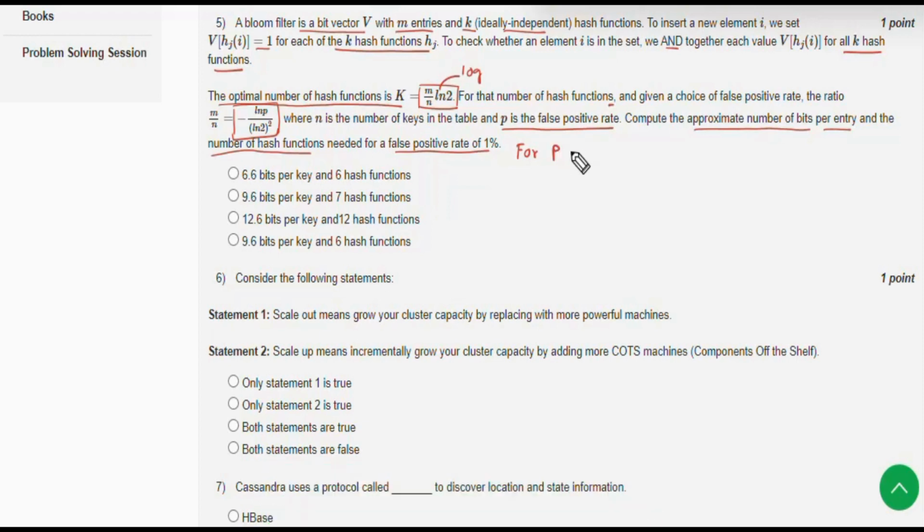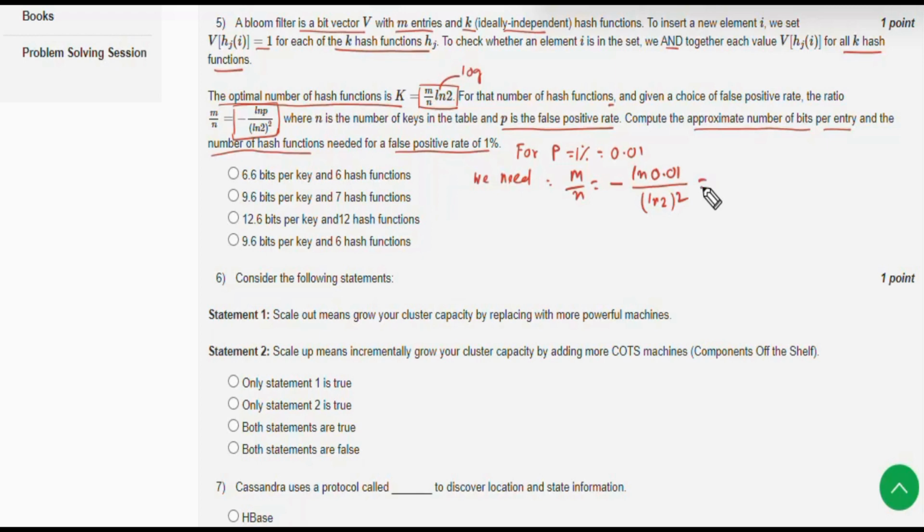Okay, so for p equal to 1%, that is 0.01, we need m by n equal to minus ln 0.01 by (ln 2) whole square.